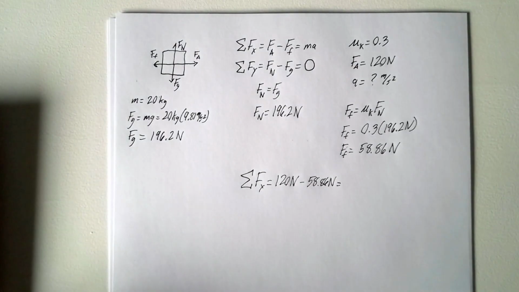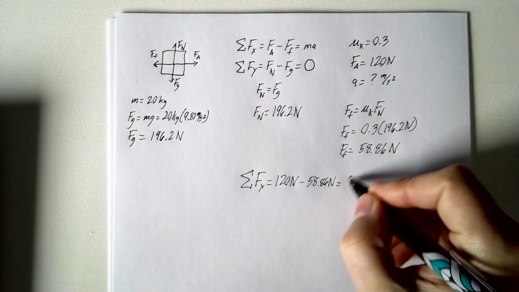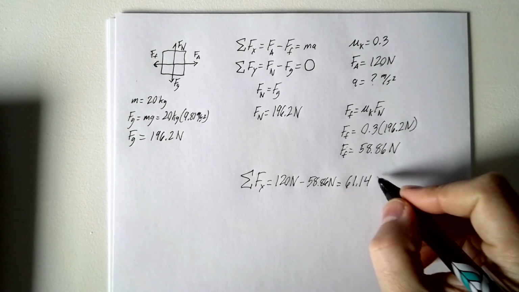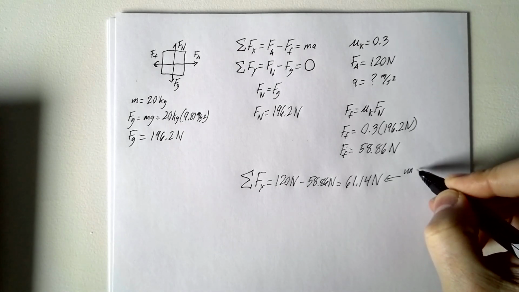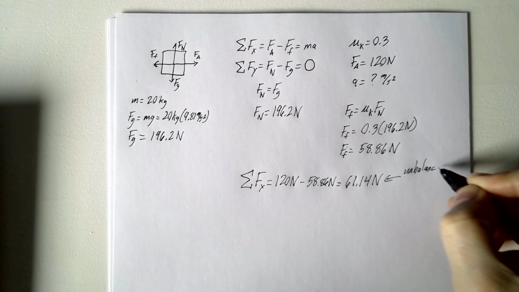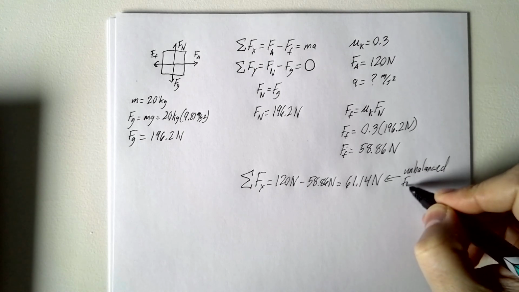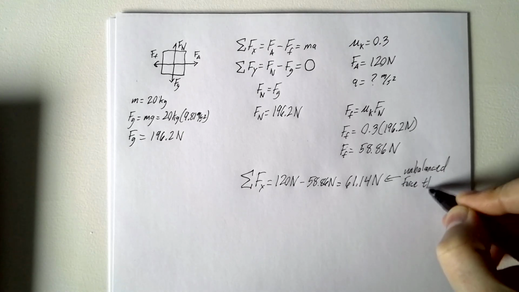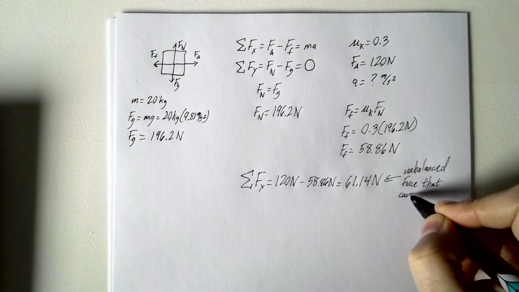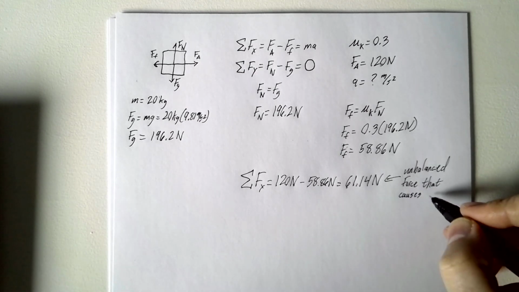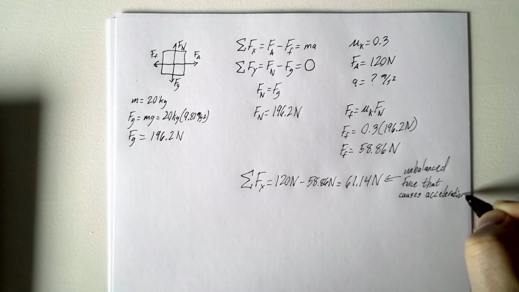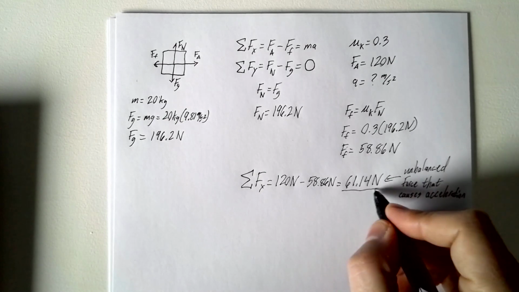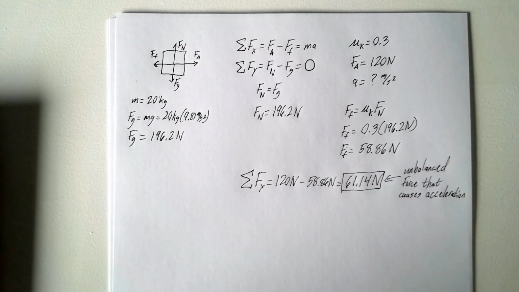So if we find this value, 61.14, this is our unbalanced net force. Unbalanced force causes our acceleration. Okay, so that's this value right here.